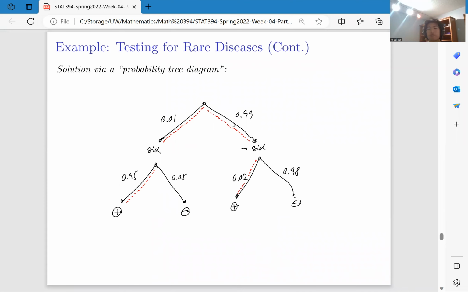Usually for such conditional probability questions, we can draw a tree to illustrate it. In this question, we can separate the population into sick population and non-sick population. Sick population given positive is 0.95, and non-sick population given negative is 0.98.